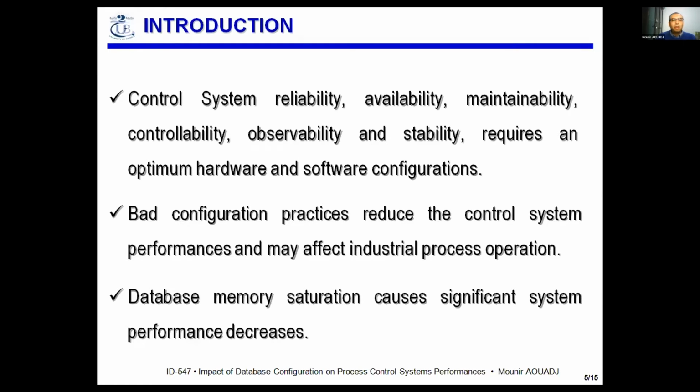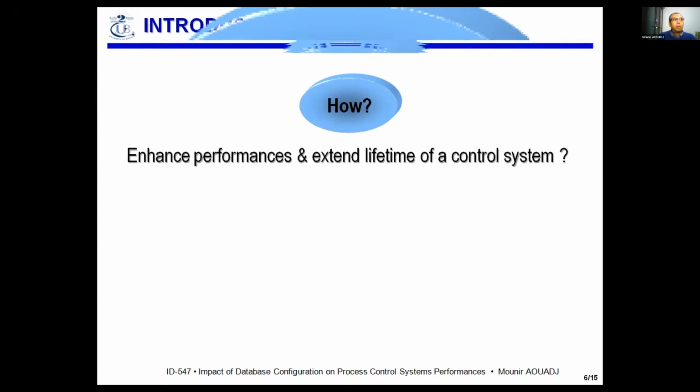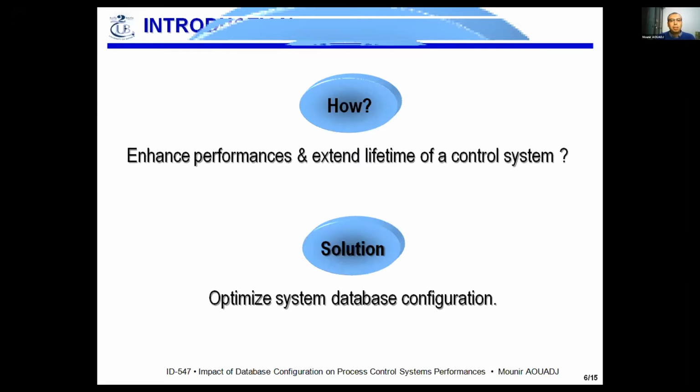Indeed, among these restrictions, we find database memory saturation, which causes significant system performance decrease. So the question to answer is how to enhance performances and extend the lifetime of control systems. The proposed answer is to optimize the system database configuration.